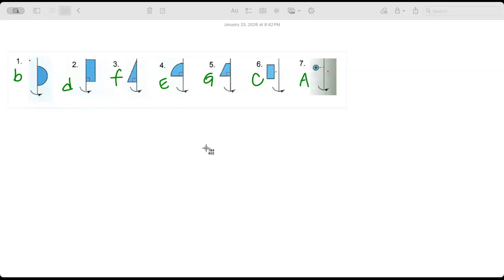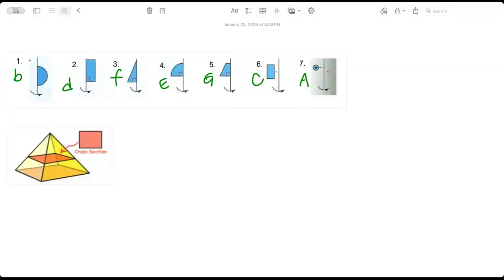What is the shape first of all? Have you heard of the word cross section? What is this figure? Yellow color figure. Square pyramid. Good job.